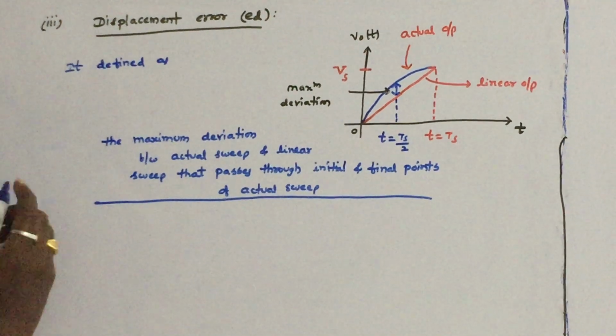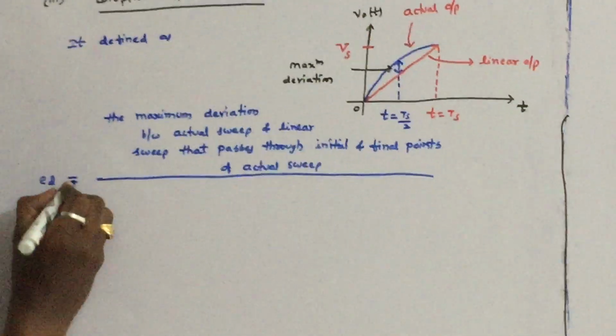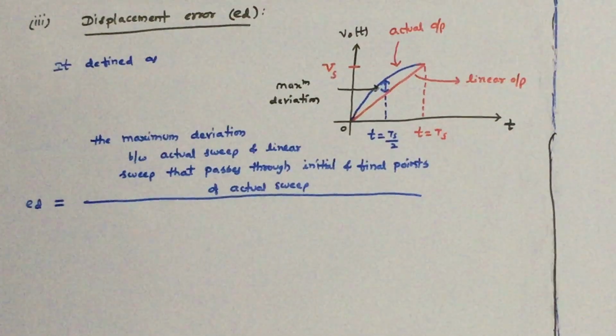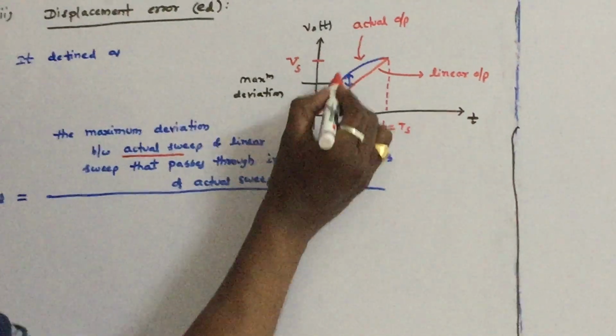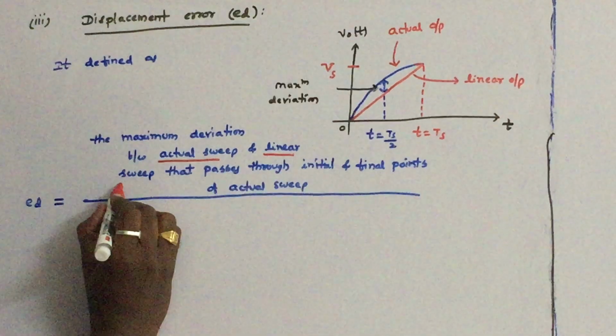So you can write here clearly, ED, the displacement error, is the maximum deviation between the actual sweep and the linear sweep.